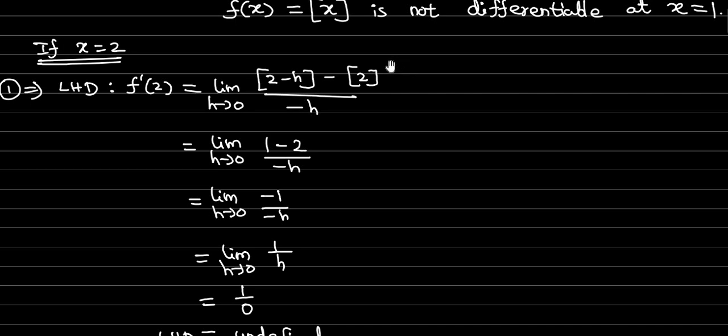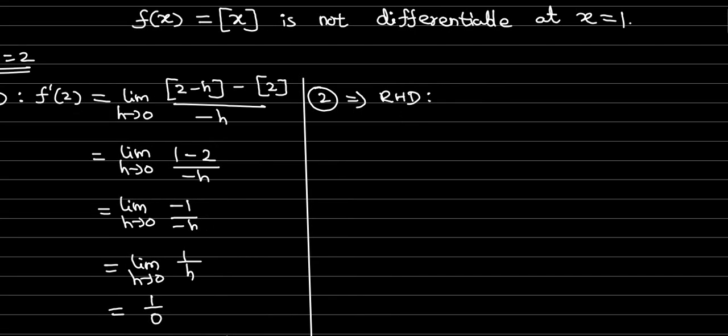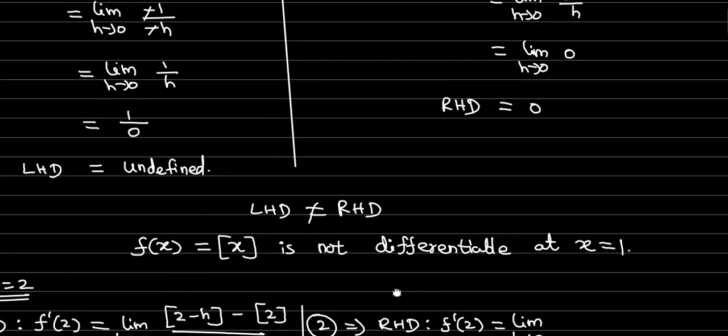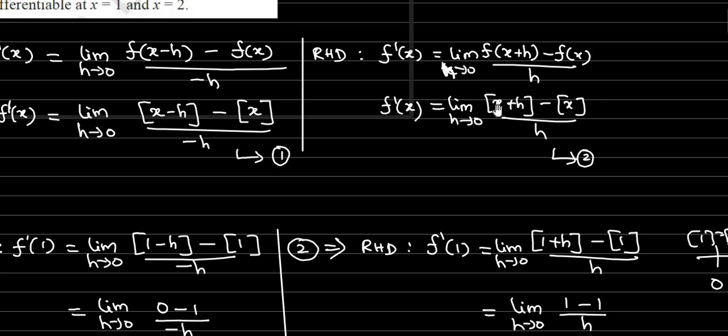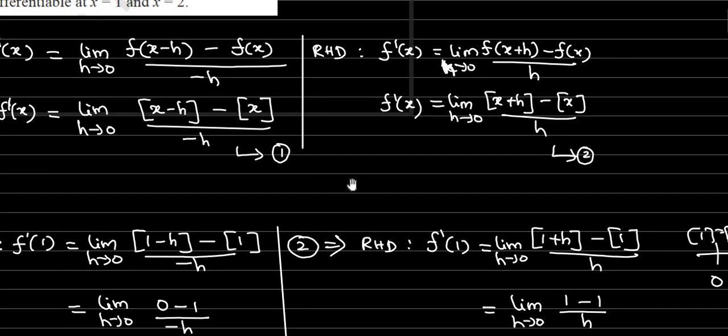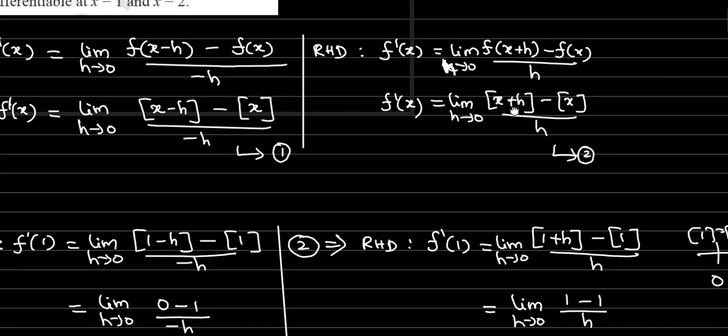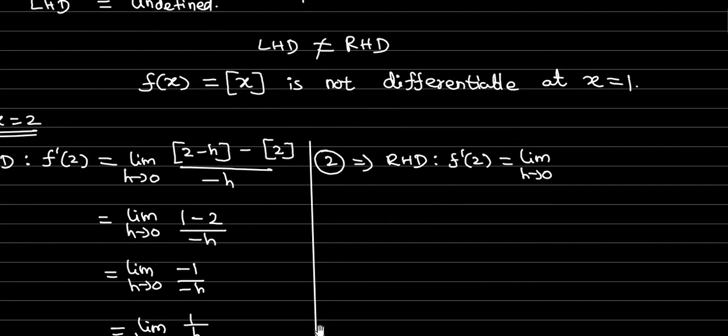Now we are going to check whether the right hand derivative is the same or not. The right hand derivative is what we named equation 2. So in place of x, I am going to replace 2. So f dash of 2 equals limit as h approaches 0 of greater integer of (x plus h), where x is 2, so greater integer of (2 plus h) minus greater integer of 2, by positive h.